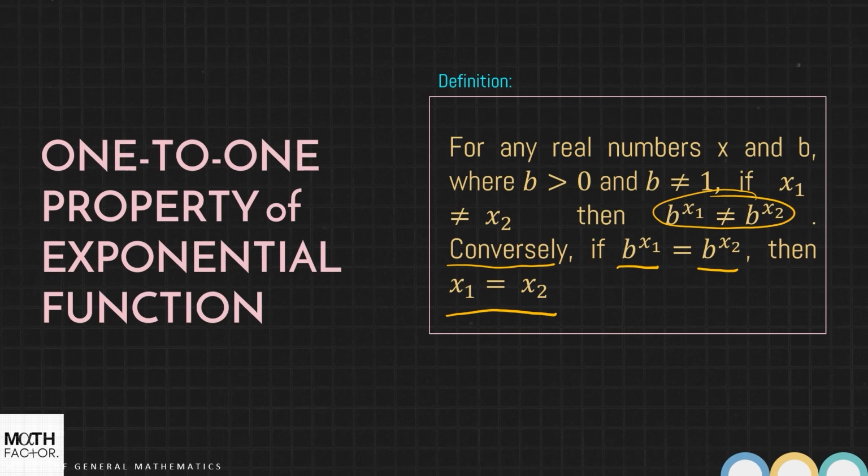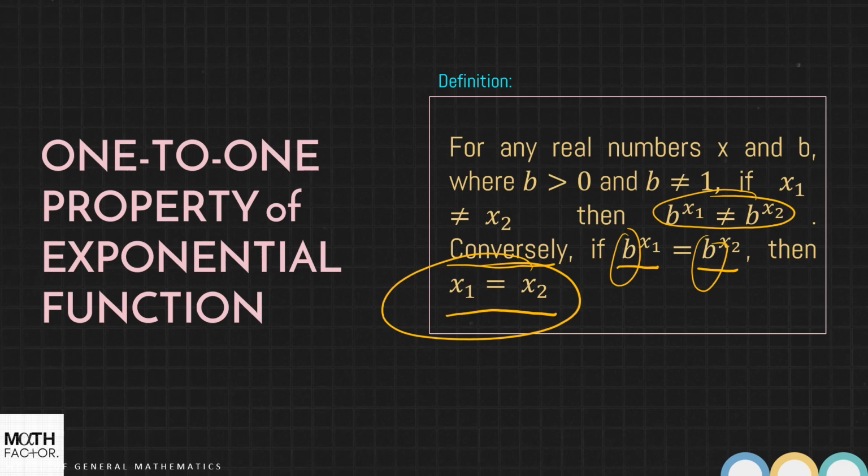So this property states that if two exponential expressions with the same base are equal, then their exponents must also be equal. So this property is crucial for solving exponential equations because it allows us to cancel the bases and equate the exponents when the bases are the same.